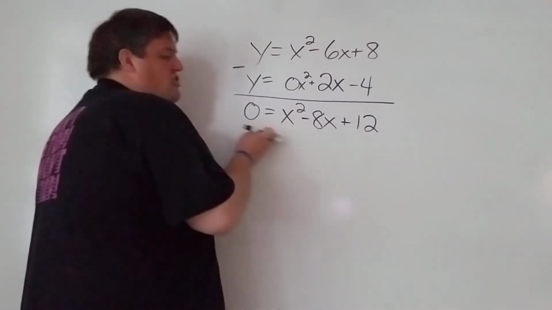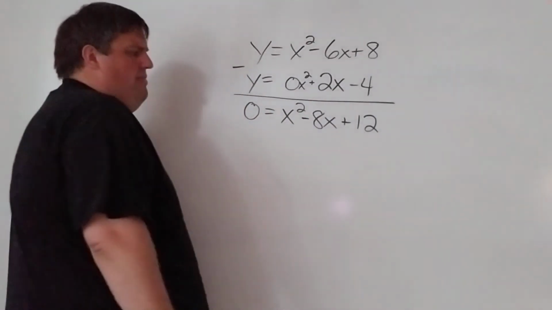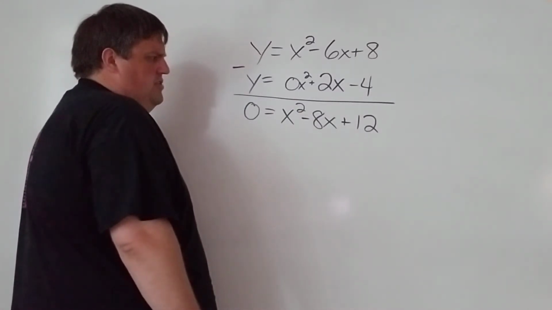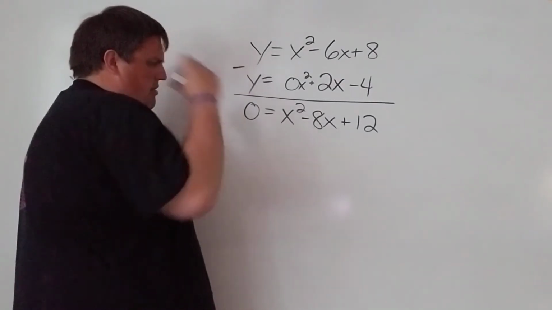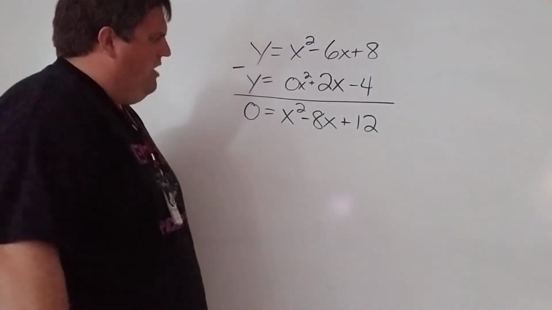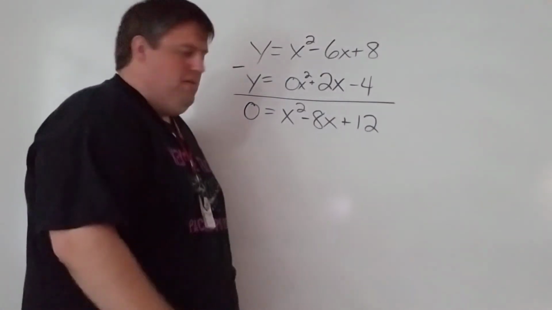And then it's actually already set up for me now that I could use my favorite method to solve it. I'm trying to see if this one factors. Oh yeah, let's factor this one instead of doing the quadratic formula.